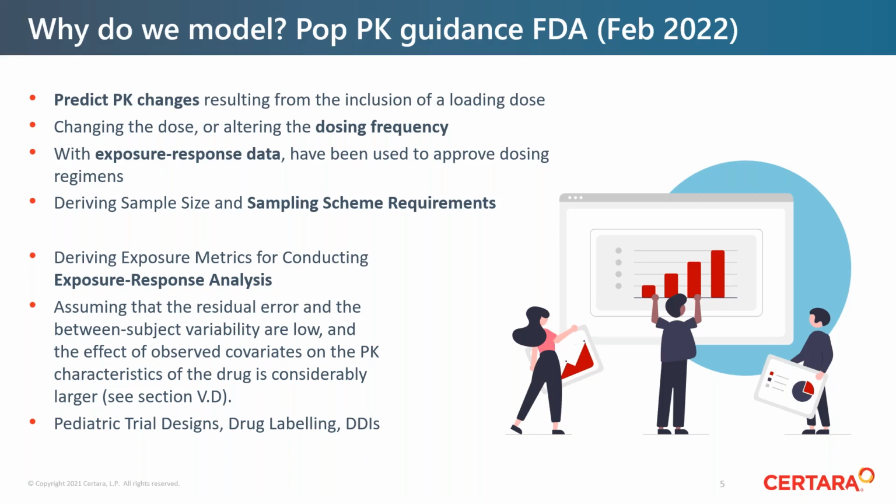So these covariates are characteristics of the patient, whether they've got particular disease states, age, body weight, sex, etc. And we see how those alter the drug's behavior, and we characterize and, most importantly, quantify that. And when we've got that built into our model, we can do better drug labeling, we can measure and predict DDIs better, we've got better informed pediatric labels or pediatric trial designs.